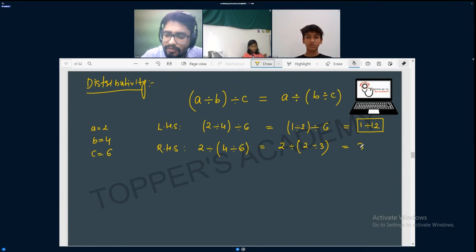This is 3. So both are not the same. It means division is not a distributive property.